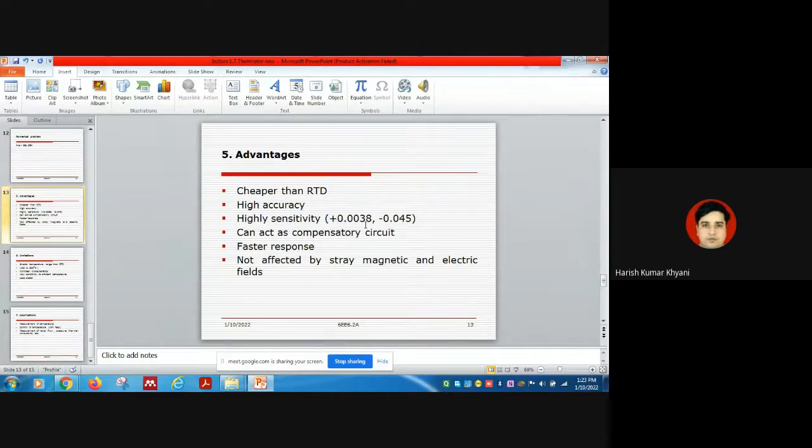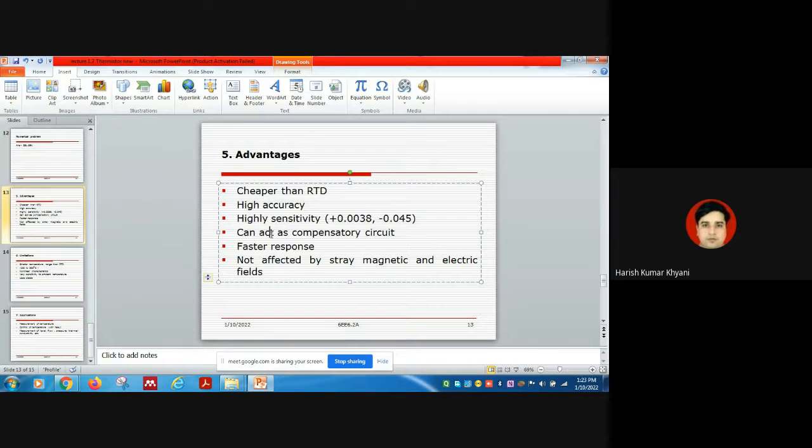Plus 0.0038 is the sensitivity of the platinum resistance temperature detector, right? And here I have written minus 0.045. This is the sensitivity of a thermistor. So here you can see that the sensitivity of a thermistor is around 10 to 15 times more as compared to the RTD, right?